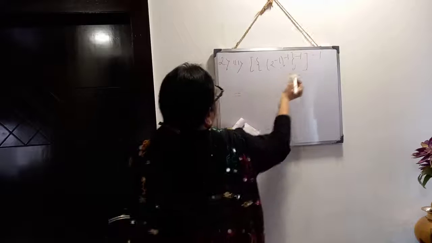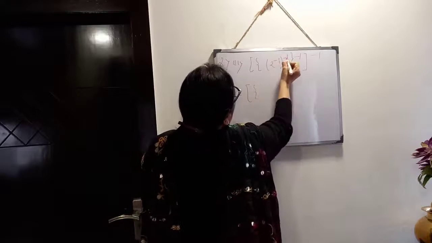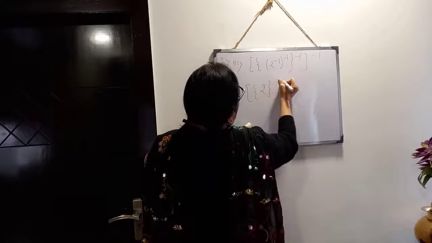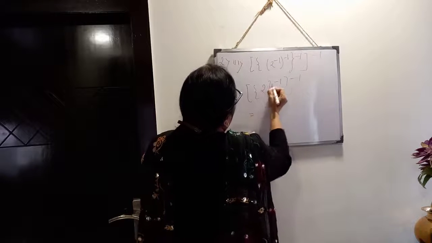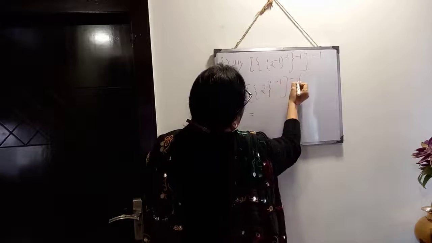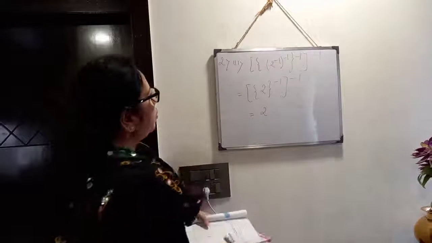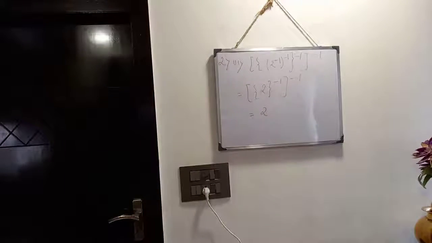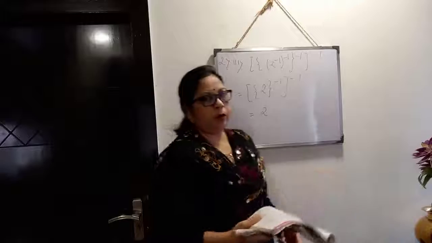So first here, minus 1 into minus 1 means plus. Clear? Then minus 1. Then 2 to the power minus 1. Here minus 1 into minus 1 means plus 1. So your power is coming 2 to the power 1. So we will not write 2 to the power 1. Answer is 2. Clear? Step by step we have done.